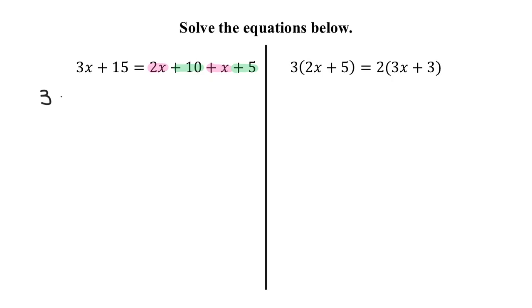Okay, so we had 3x plus 15 equals 3x plus 15. Okay, so first of all, what do you notice about this? The left is identical to the right. Something to keep in mind here. Okay?